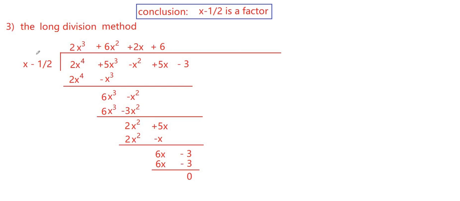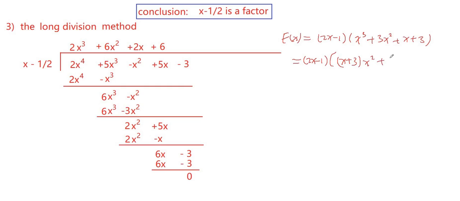We can put the 2 over here, and then we have f(x) equal to (2x minus 1) and (x^3 plus 3x^2 plus x plus 3). For this one, we can still use the Gauss Lemma method, but because it is simple, we can write down the result immediately, because it has x plus 3, x squared plus x plus 3.